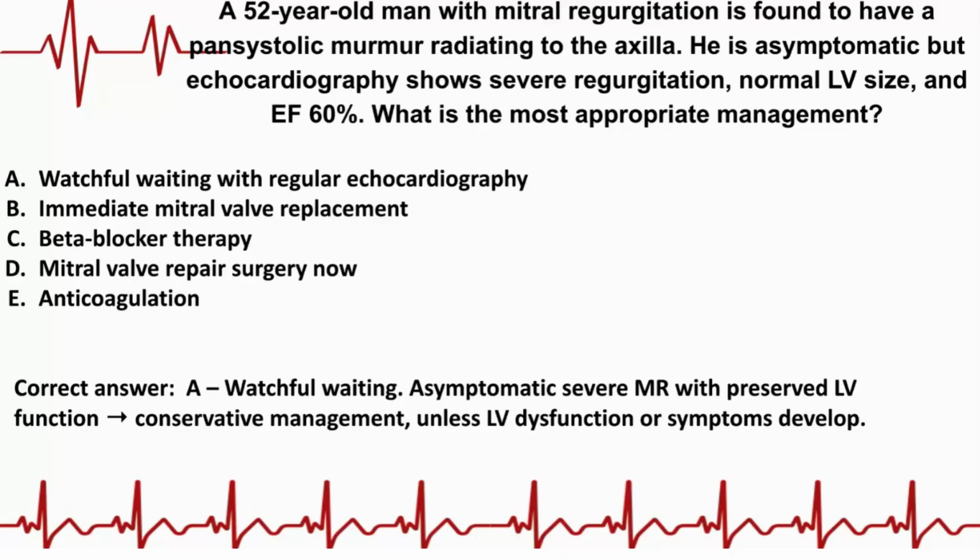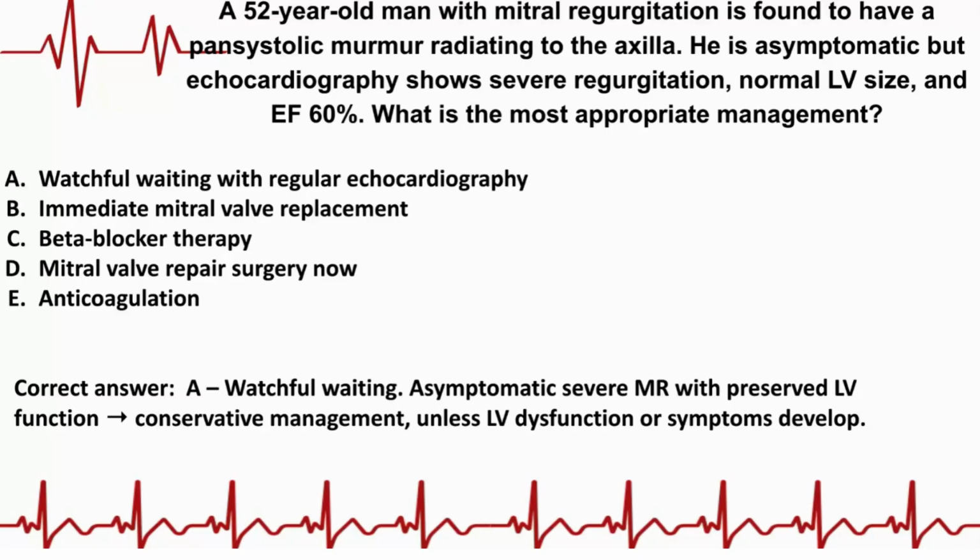Now, for asymptomatic severe mitral regurgitation with preserved LV function, the indication is to conservatively manage that. Unless we have LV dysfunction or other symptoms develop, we don't need to think about interventional therapy just yet, because if you have a look at the question, he has a normal LV size.